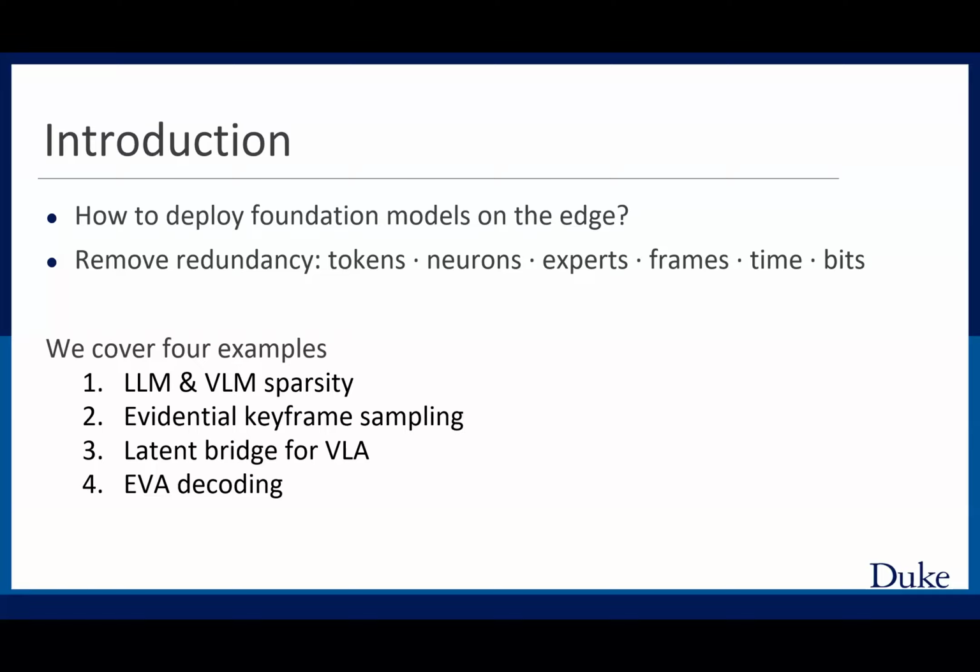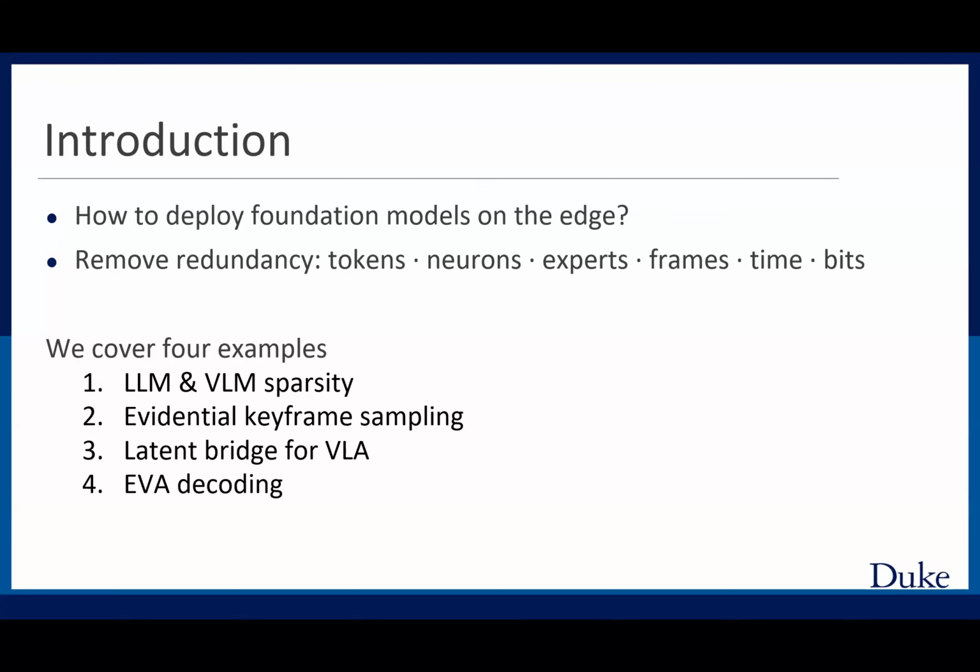Particularly, I will cover 4 different topics today. First, the sparsity structures for inference acceleration across large language models and vision language models. Second, evidential keyframe sampling for long-form visual understanding.